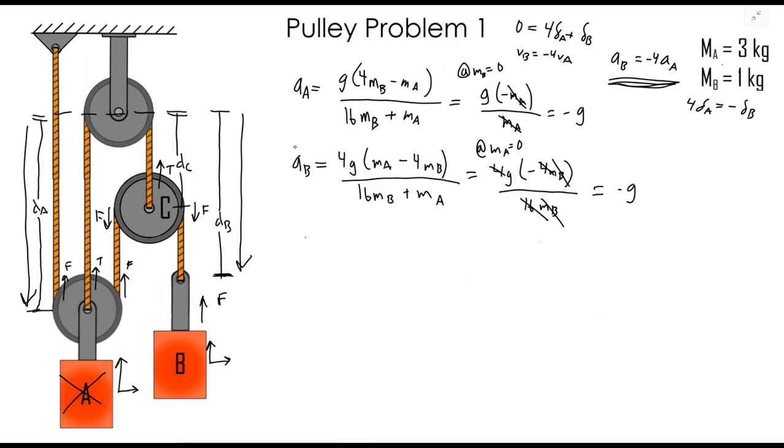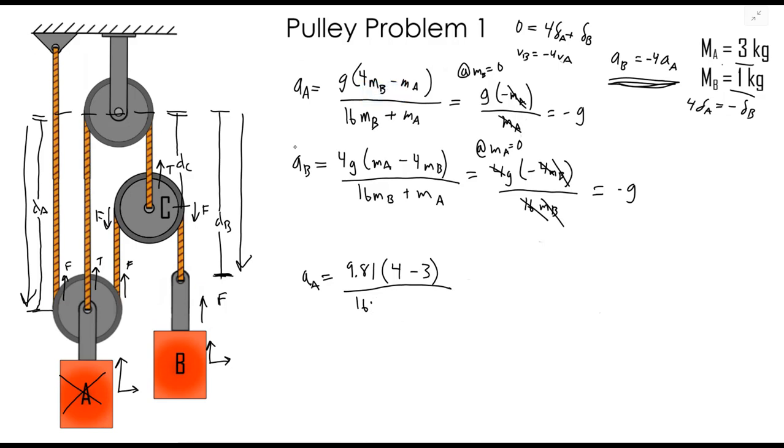It's a long one. So now we're going to implement our masses simply. So acceleration of A is going to be 9.81, and then 4 times 1 is going to be 4 minus 3, the mass of A, over 16 times M. Oh, we got to implement them.